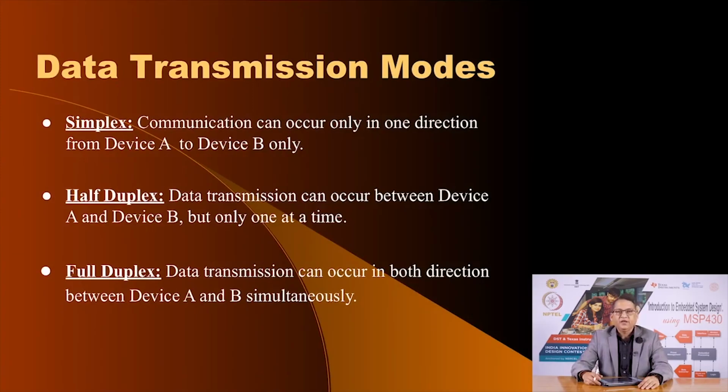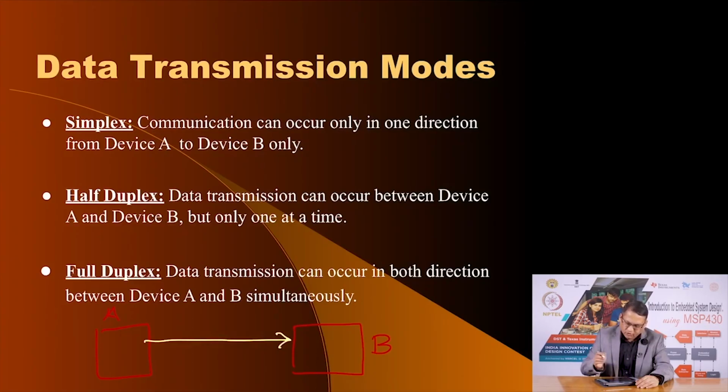Now, when we communicate between two devices, let me draw them here. For example, if I want to communicate between device A and device B, and these could be electronic devices, humans and so on. If you only transmit from A to B with no possibility of B responding to you, this would be called simplex mode of communication.